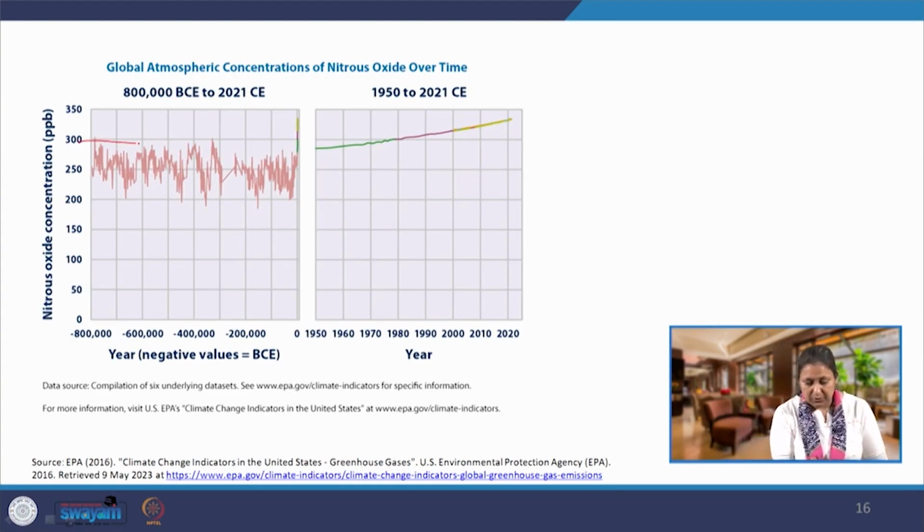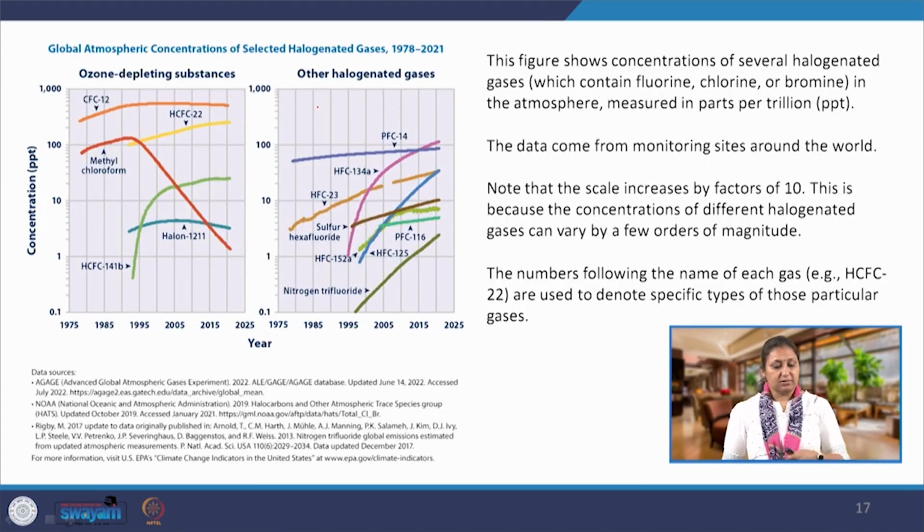Where we were 300 max, we have gone up to 350, and if we look at different selected halogenated gases and other ozone depleting substances, after the Montreal Protocol we have actually worked hard. For example, you will see this particular gas is methyl chloroform, and we have reduced its concentrations in the atmosphere, and as I said, we have also seen the effects of that, because more than the global warming potential, we will come to what global warming potential is.